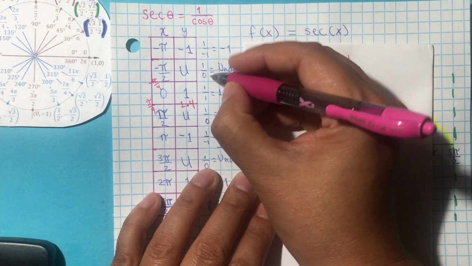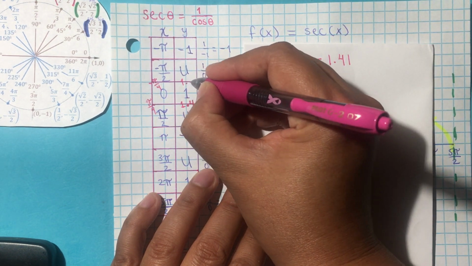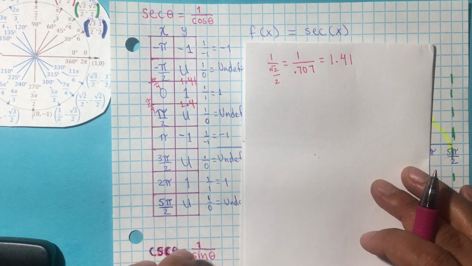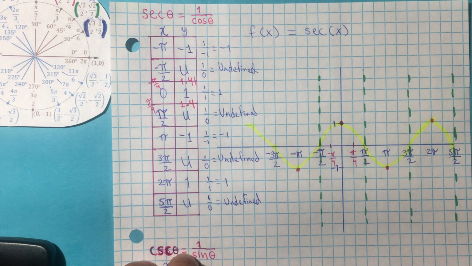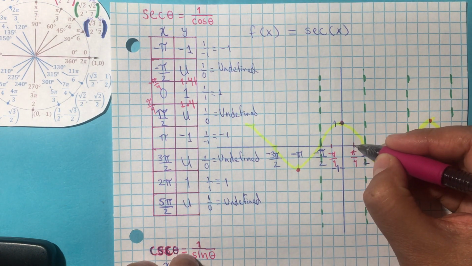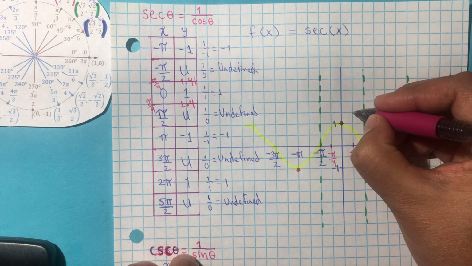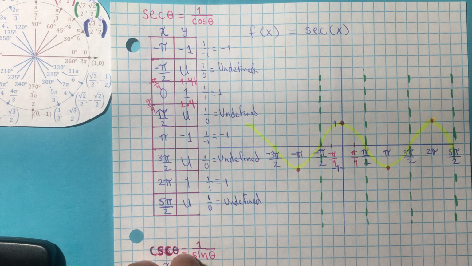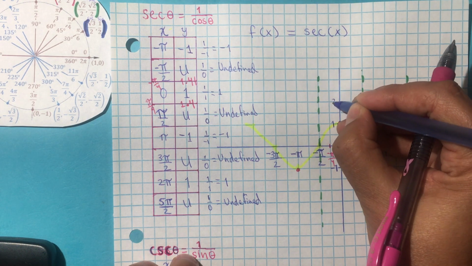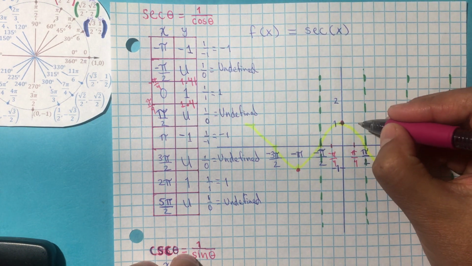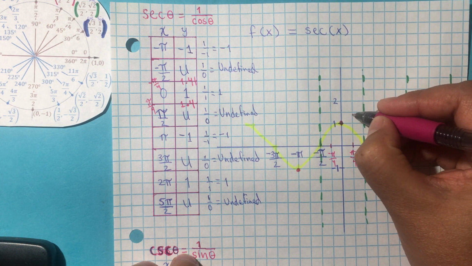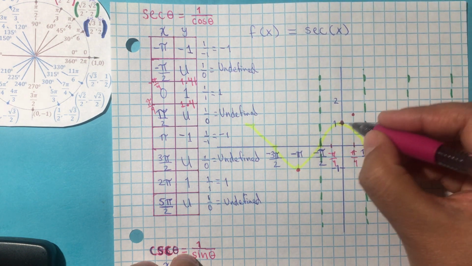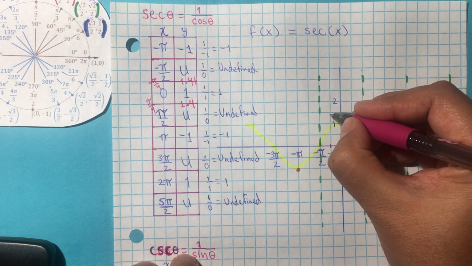So it's going to be exactly the same, which is 1.41, or 1.4 is fine. For pi/4, 1.5 is here, the 2 would be here. So 1.4 or 1.41 will be around here. And the same on the other side.